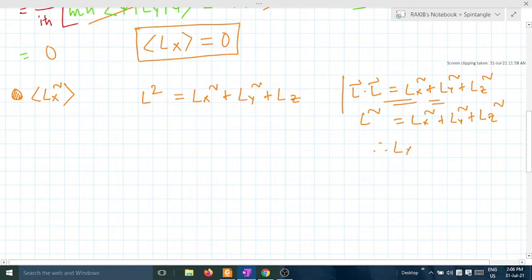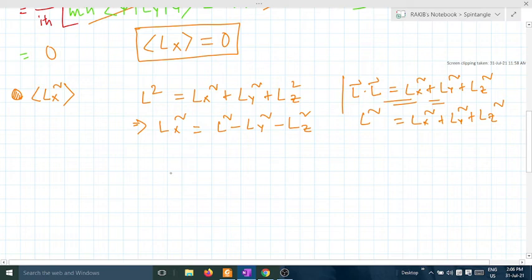From this we can write Lx square operator as, let me write it here, Lx square equals L square minus Ly square minus Lz square.